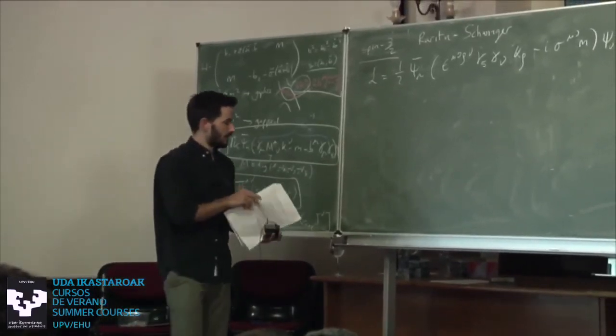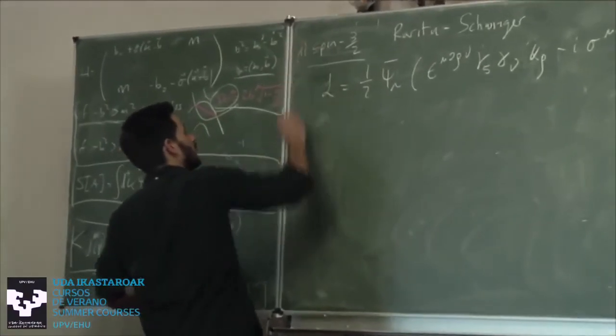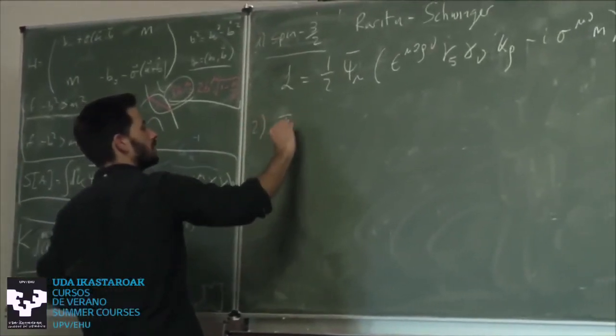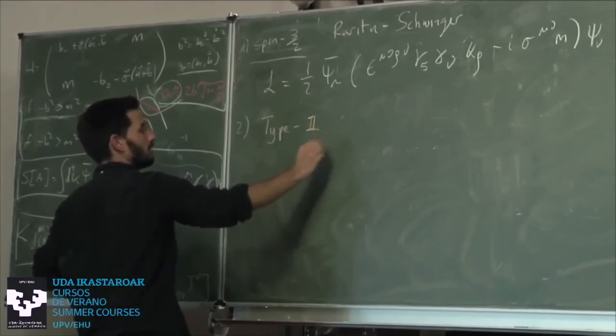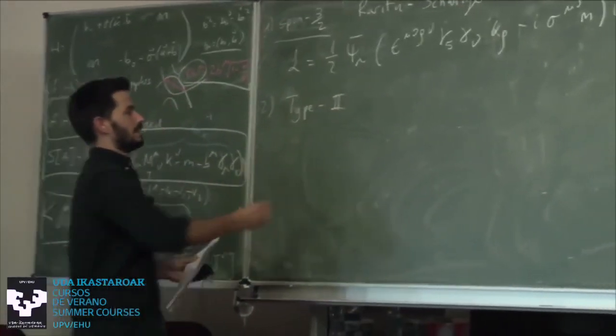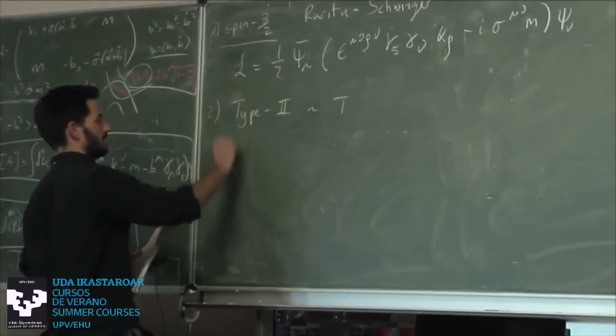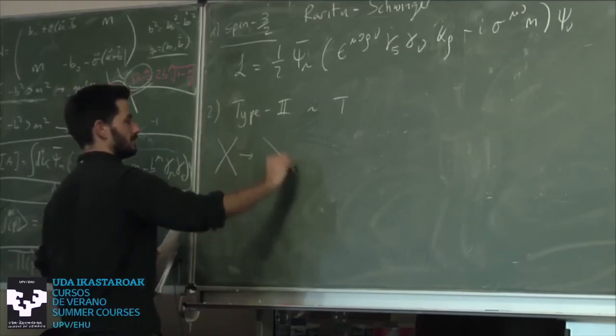And the last thing, so this is one example, and the second example is type 2. I'm not really going to go into this because it's already very late, but type 2 is like type 2 Weyl semimetals. What is that? You get the cone and you tilt it.